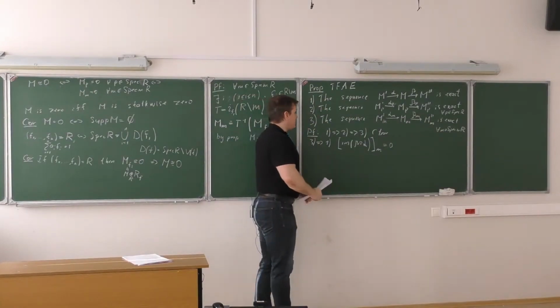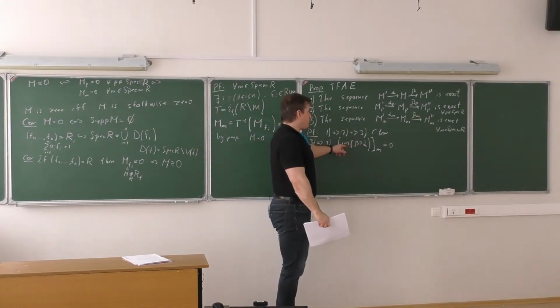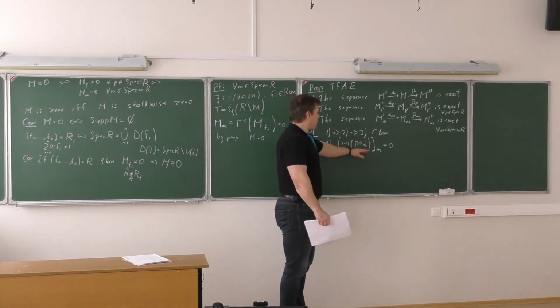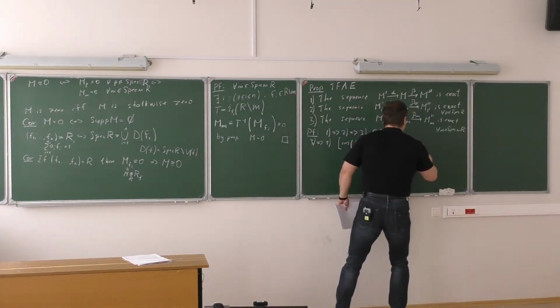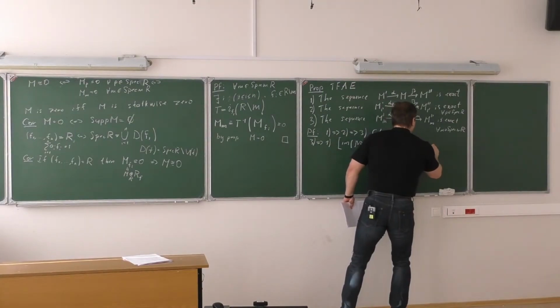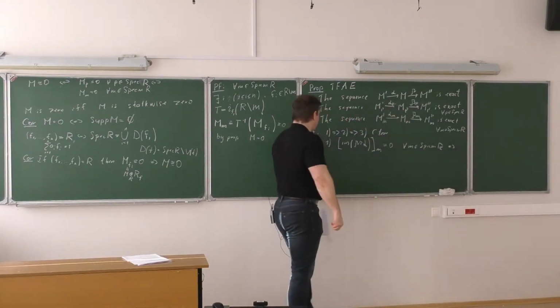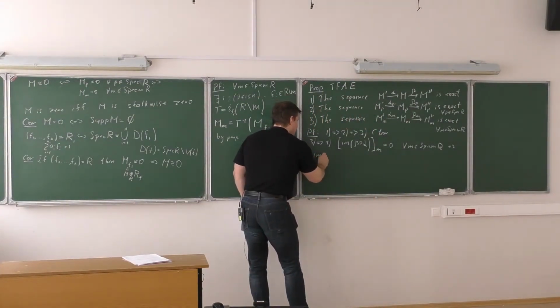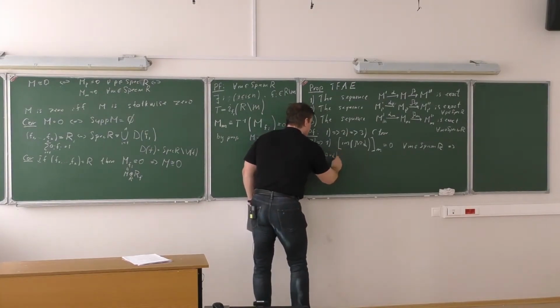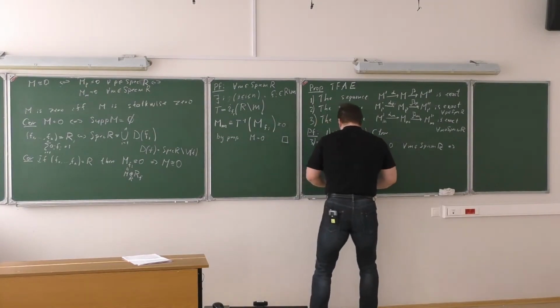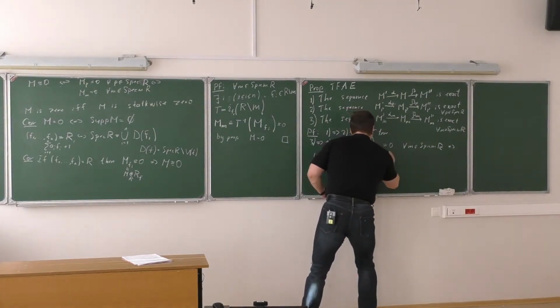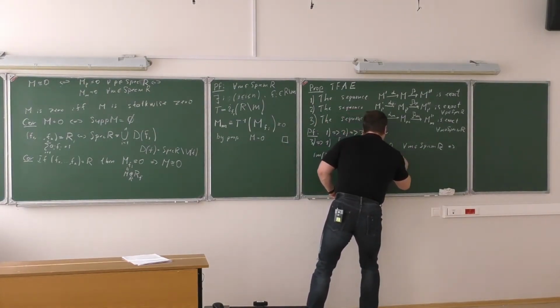But now I just look at this image of the composition as a module. So this module localized at any maximal ideal is 0, so the module itself is 0. This is for any M in Spec. By the previous results, we can say that the composition beta alpha is equal to 0. Or in other words, this immediately gives us that the image of alpha is contained in the kernel of beta.